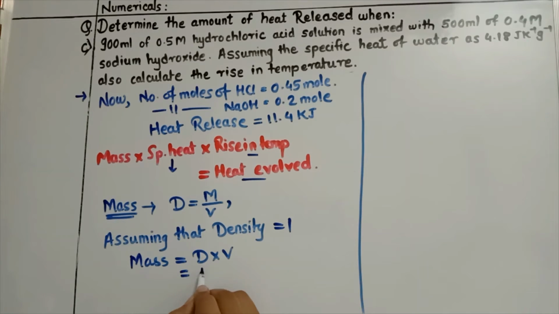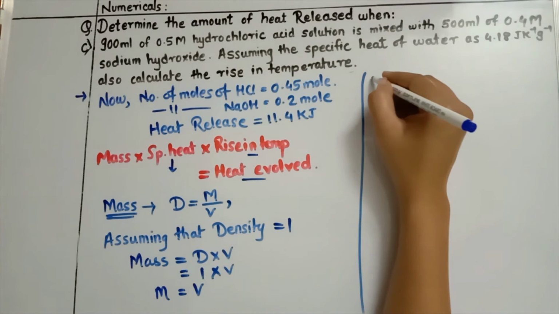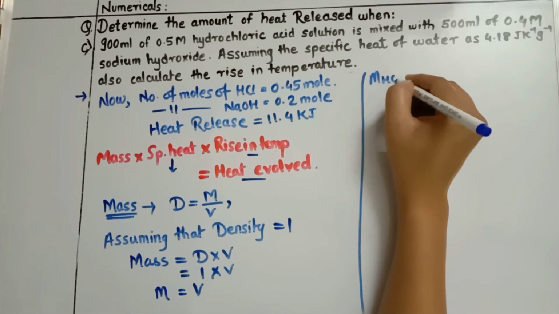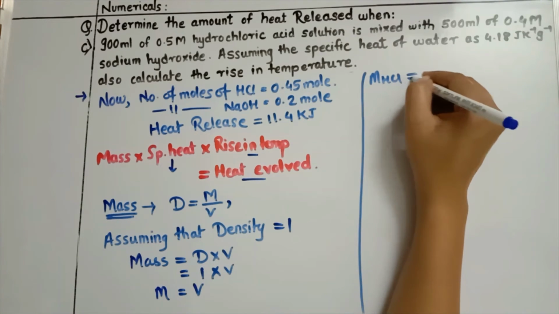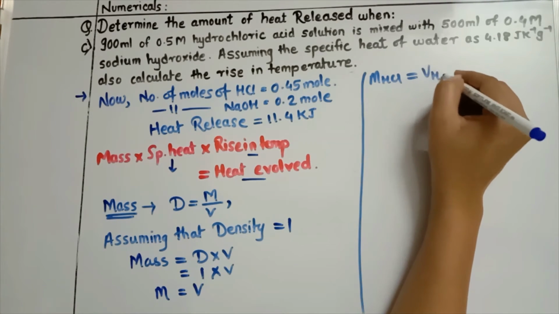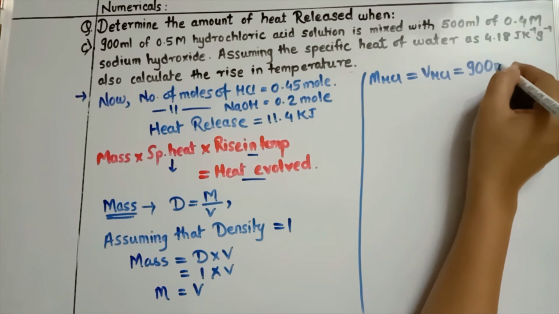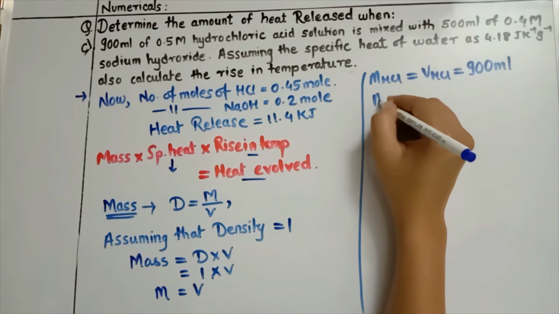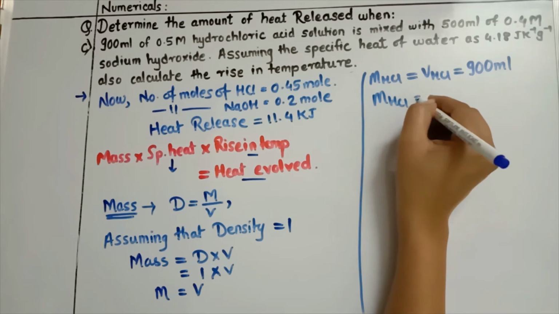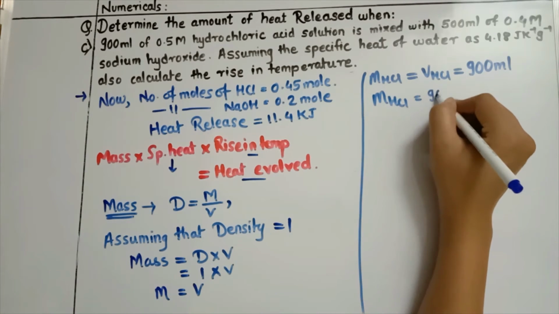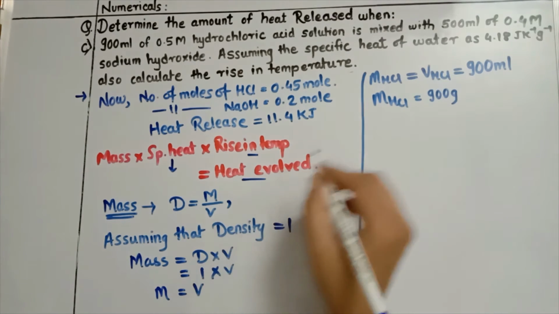So if density is 1, then the mass will be equal to volume. So now mass of HCl is equal to volume of HCl, which is equal to 900 ml. Okay, so mass of HCl is equal to 900 gram.